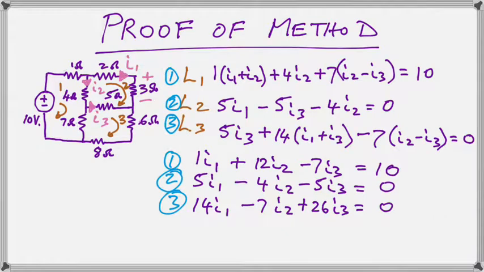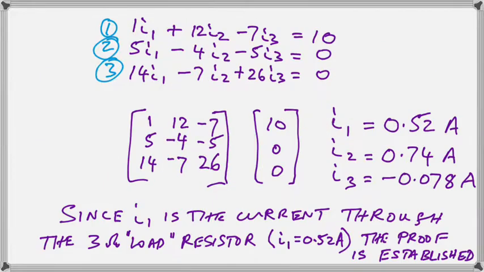So the proof of the method is to take the entire original circuit and, not using any other mechanism, see if the current through the 3 ohm resistor matches. So we have taken our entire circuit, divided it into 3 loops, written our 3 loop equations and solved them.